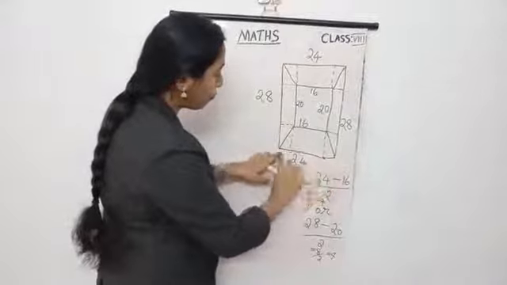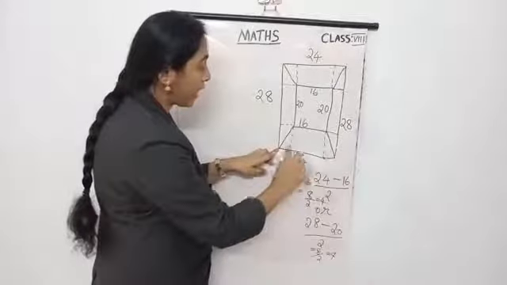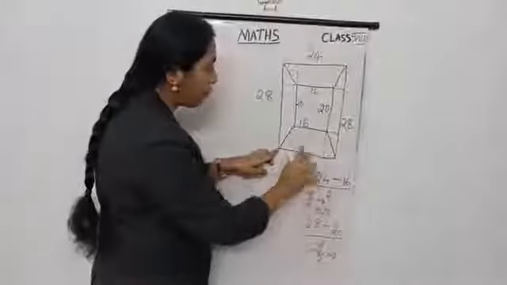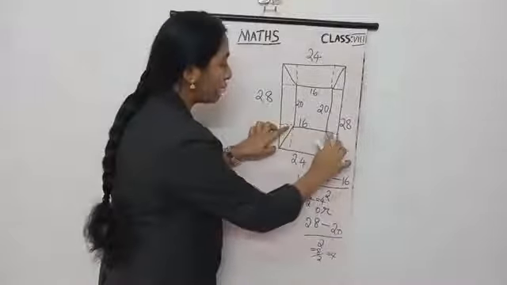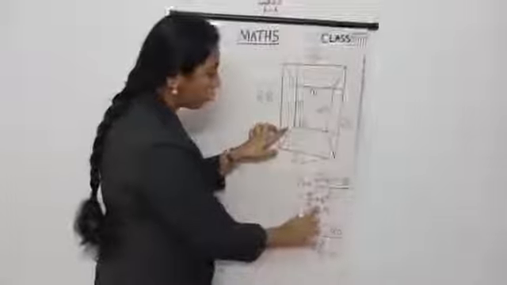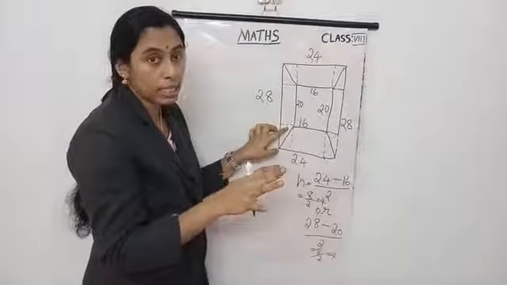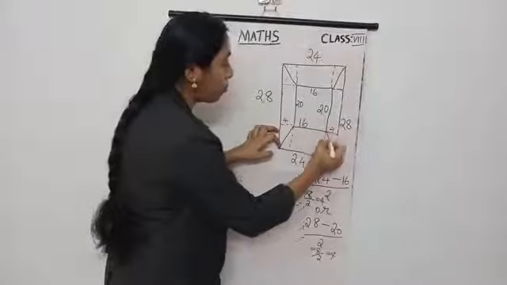So 24 is the breadth of this side and 16 is the breadth of this side. Then 24 minus 16 we get sum of these 2 sides height. That is 8. Then divide it by 2, we get this is 4 and 4.